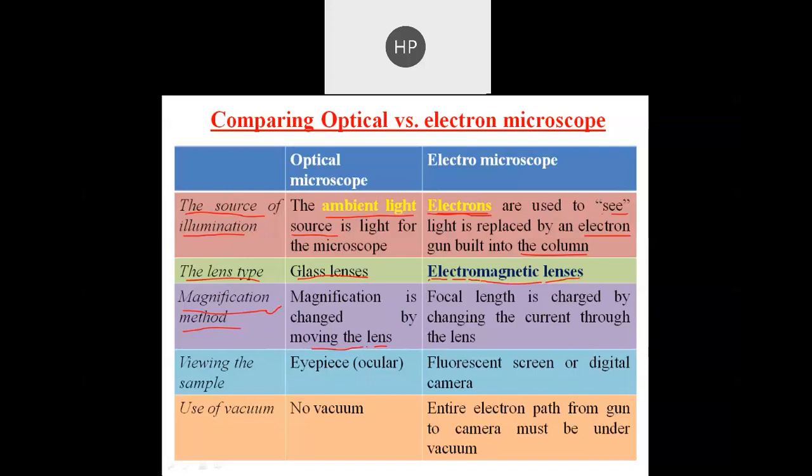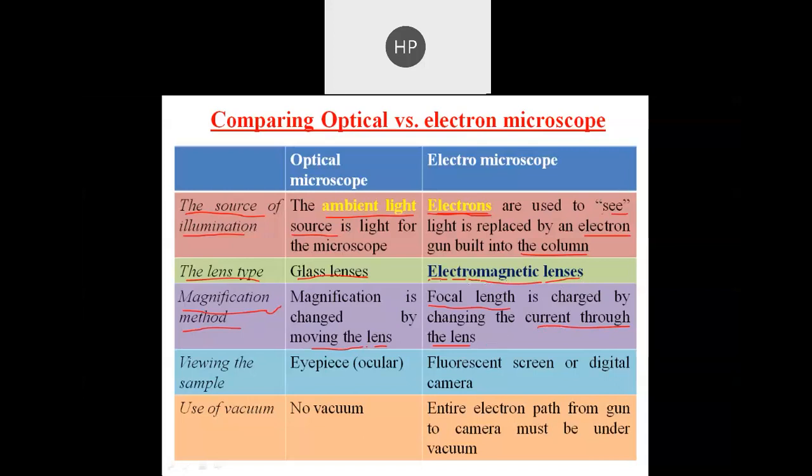While here, the focal length is changed by changing the current through the lens. So here this focal length is changed, and how is it changed? By changing the current through that lens.